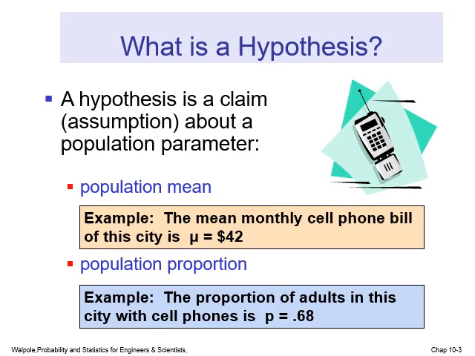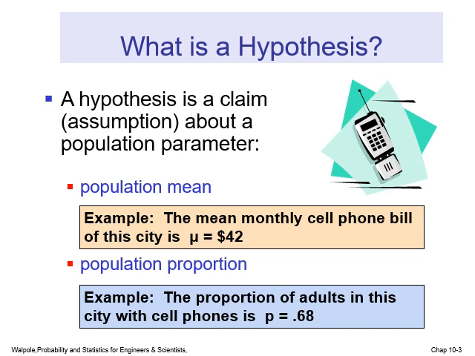So, a statistical hypothesis is an assertion or conjecture concerning one or more populations. Or in other words, a hypothesis is a claim or assumption about population parameters. Here it could be population mean or population proportion.